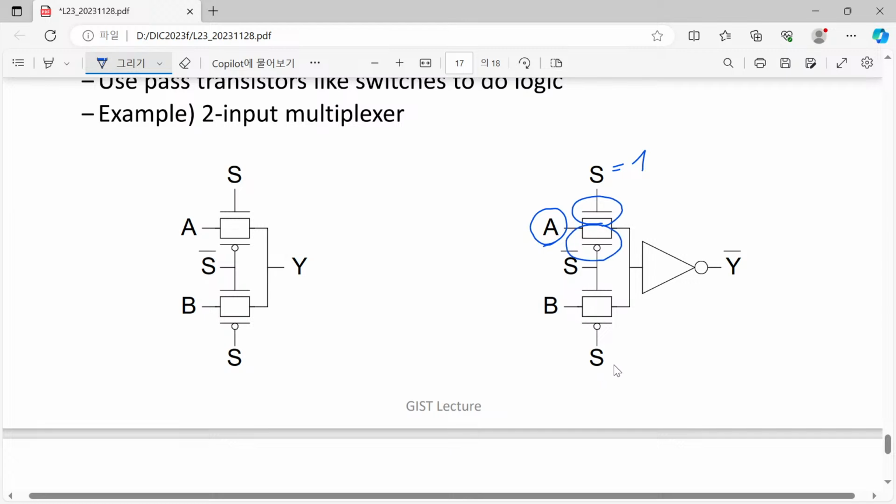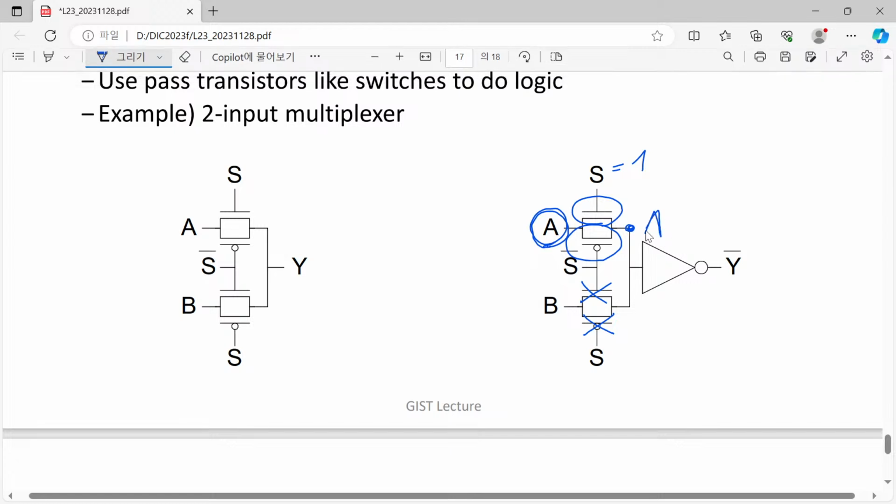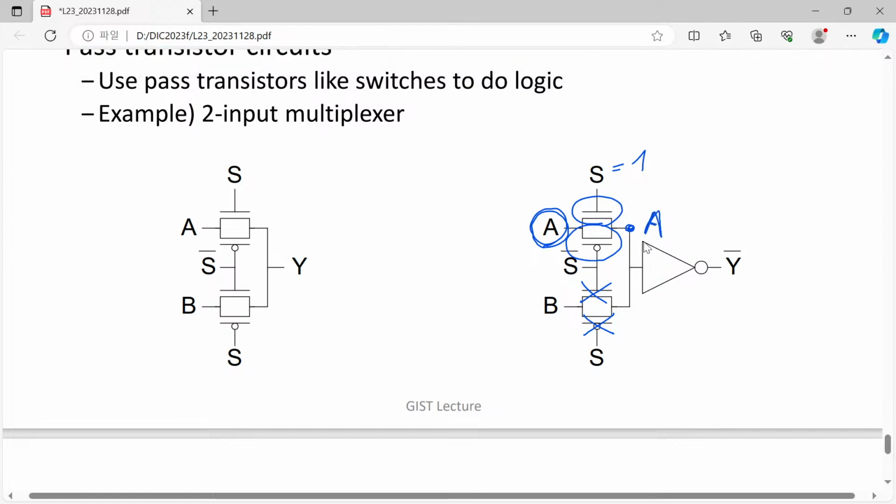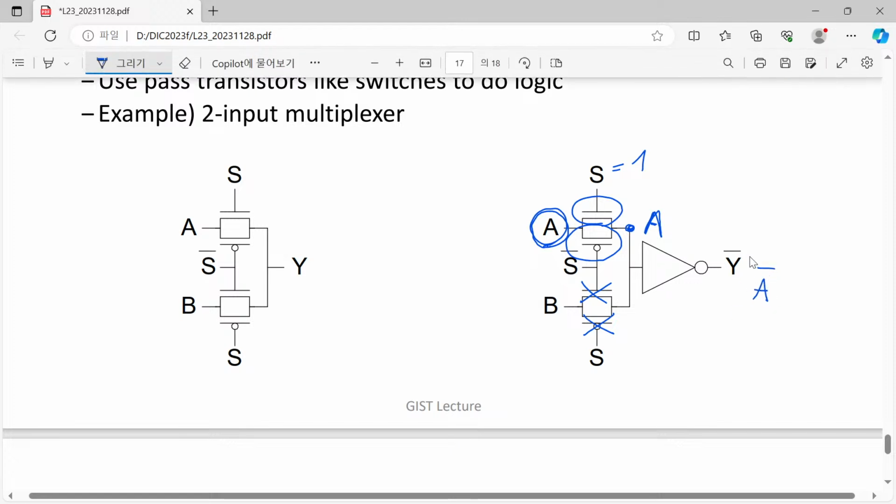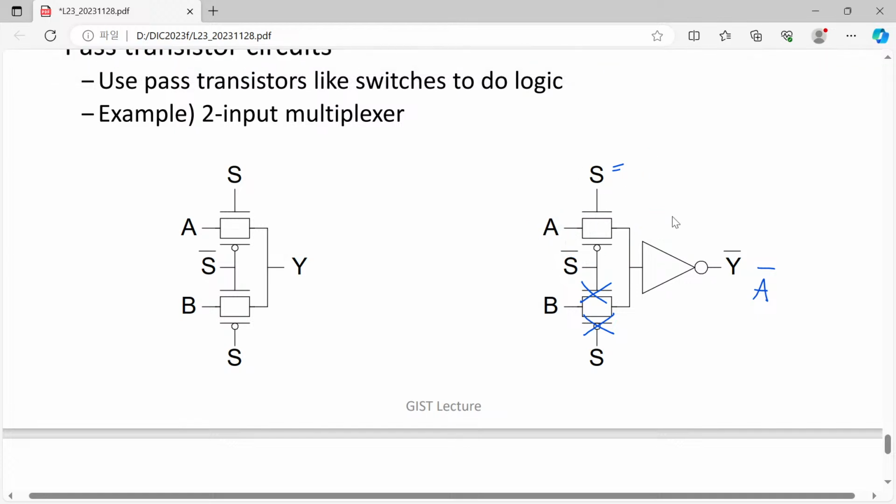Also, when S equal to 1 at the same time, this PMOSFET is turned off and this NMOSFET is turned off. So therefore, we have a strong coupling between A and this node. This one becomes just a copied value of A, and that is inverted, so we will have A bar here. So that is a 2-input multiplexer.